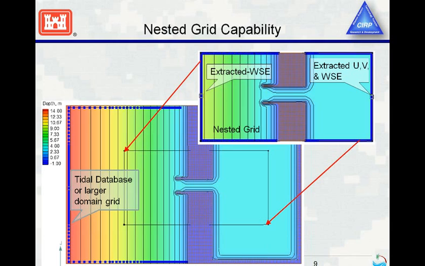So you can specify an area to be forced by those tidal databases, and then if you want to run a smaller grid, you'd create that and then extract the information directly from this solution to be used with the smaller grid. And you can get not only the water surface elevation, but also the U and V velocities as well as the water surface elevation.